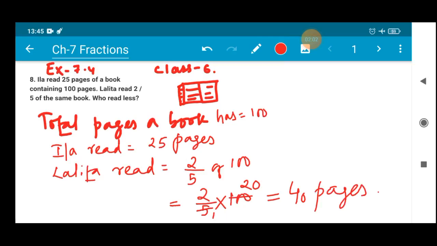Now you have to find who read less. Of course, directly, easily you can verify, you can see that Ela read fewer pages.